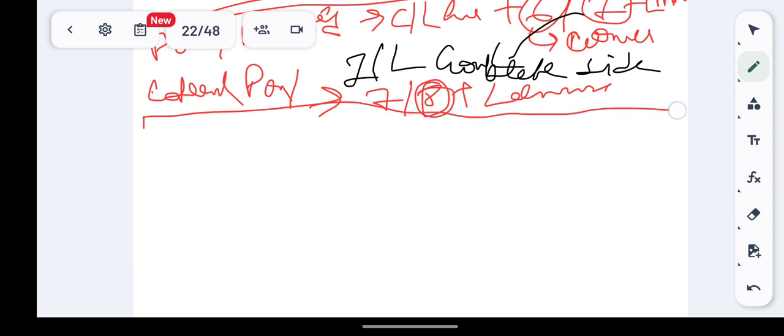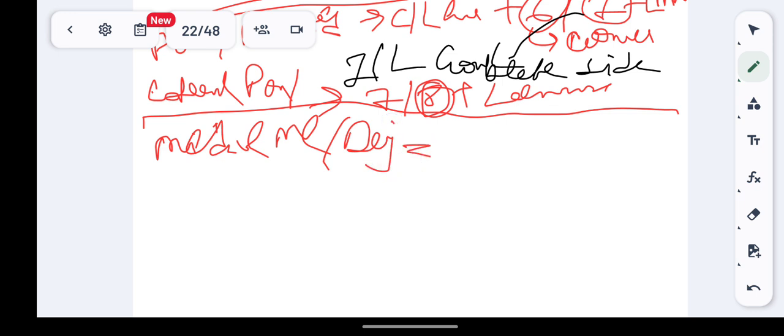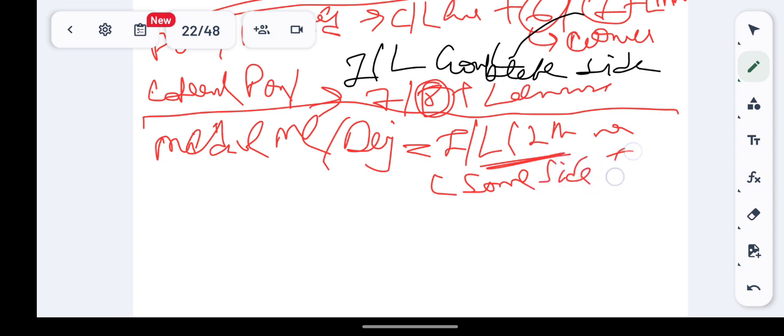Now coming to medullary syndrome. So medial medullary, that is Dejerine. This is the simplest. Same side ipsilateral tongue, 12th nerve, that is, same side tongue deviates plus contralateral hemiplegia.